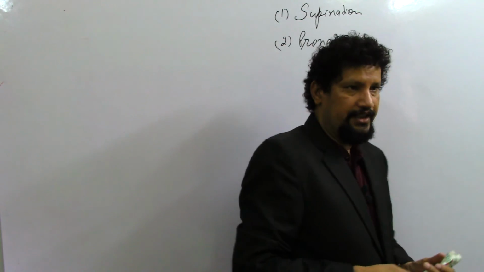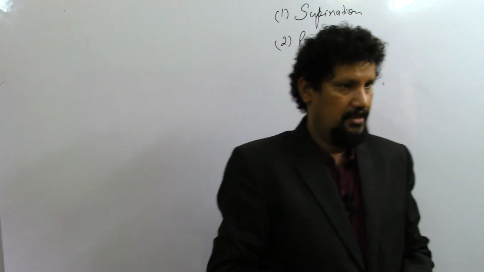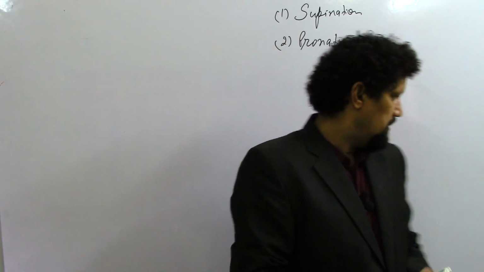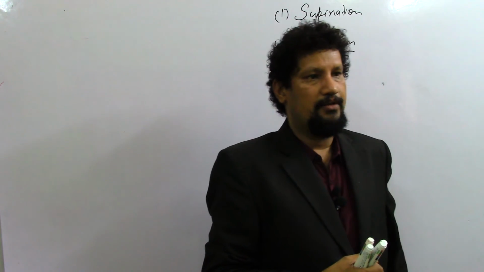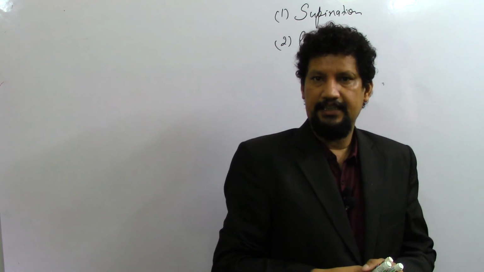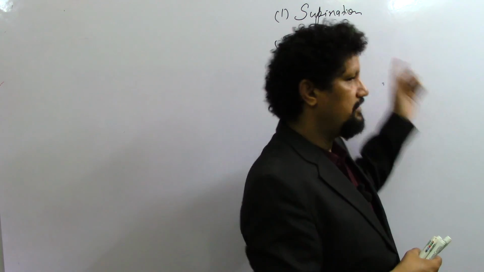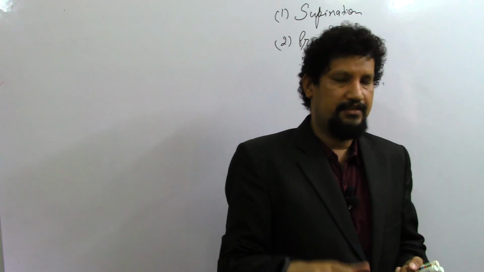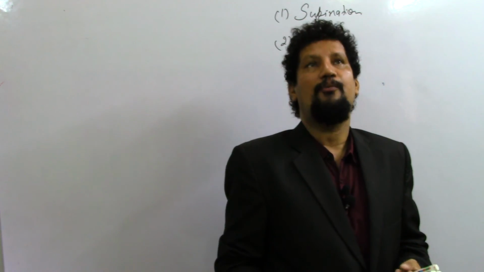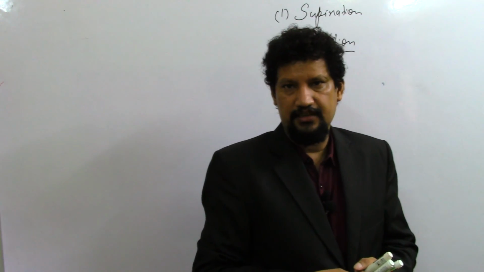When we are lying on the bed with our face upward and lying on our back, this is the supine position of the body. When we are lying with our face downwards and back upwards, this is the prone position of the body.